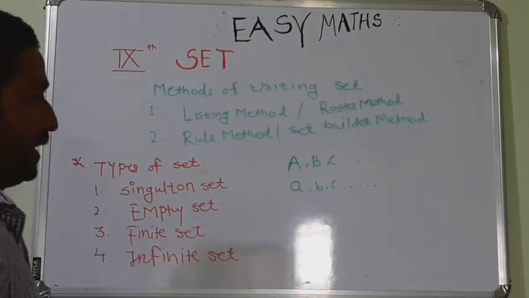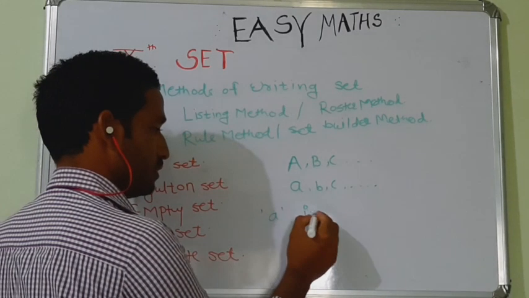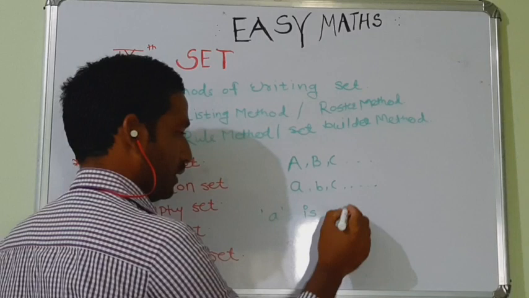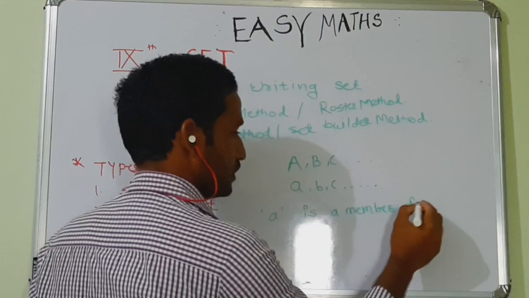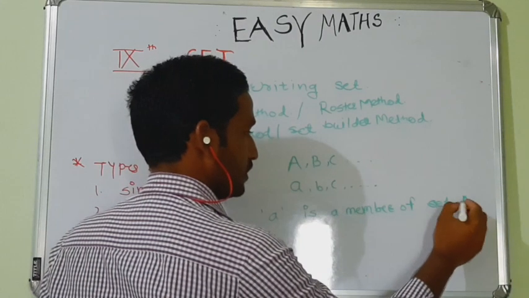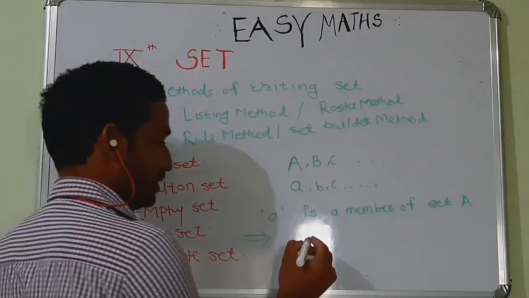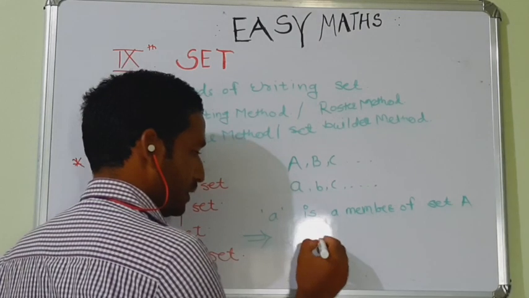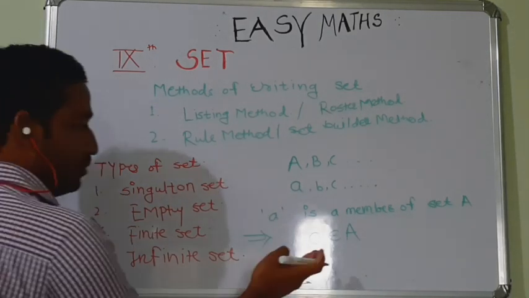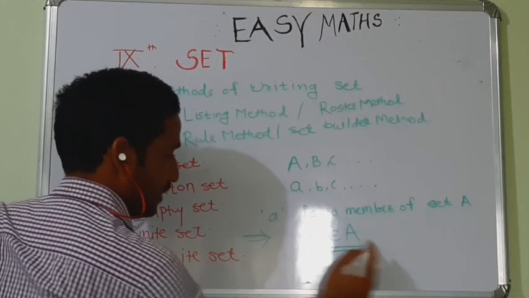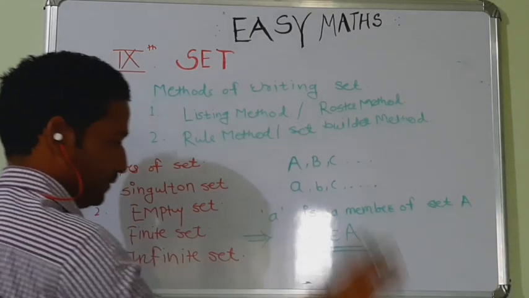Here we can say that element a is a member of set A. It is denoted by the notation small a belongs to A. Meaning of this, element a is the member of set A, or a belongs to A. Got it?